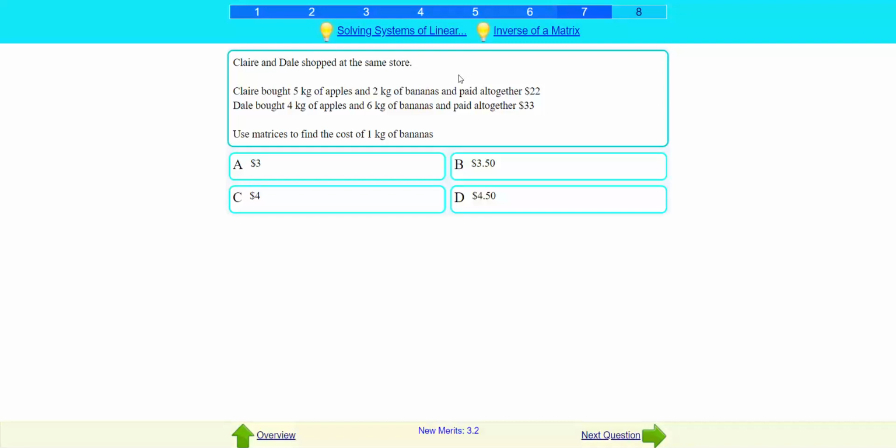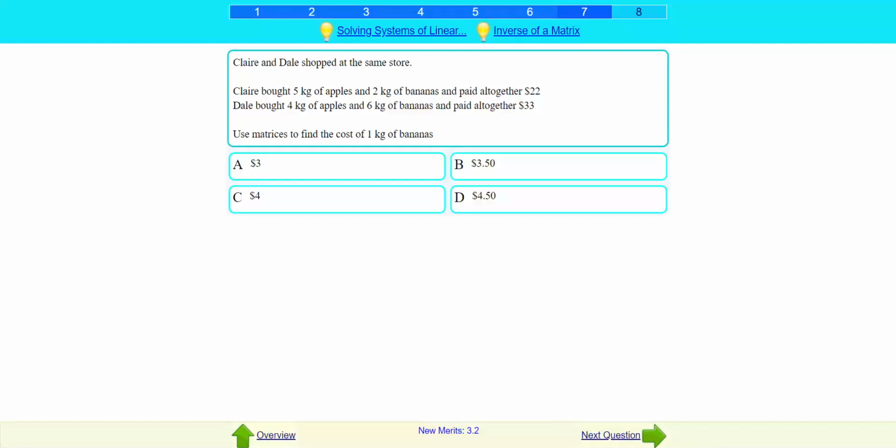And then we'll have for Dale 4 kilograms of apples plus 6 bananas, paid $33. Now we need to find the cost of 1 kilogram of bananas.